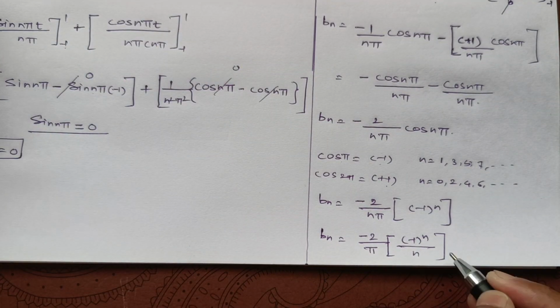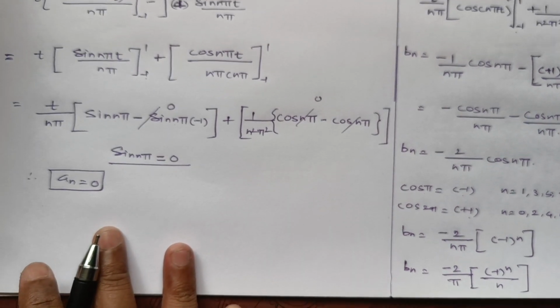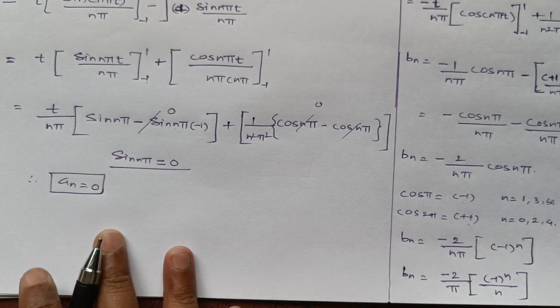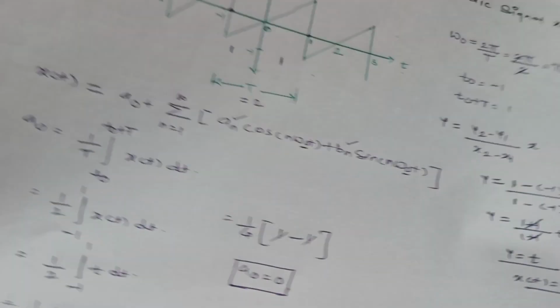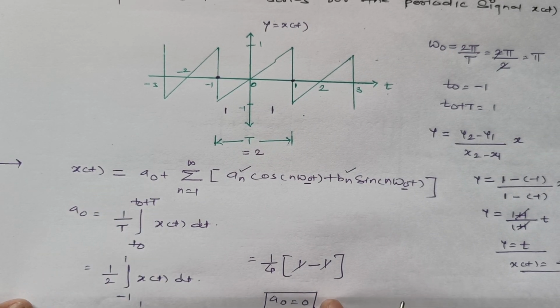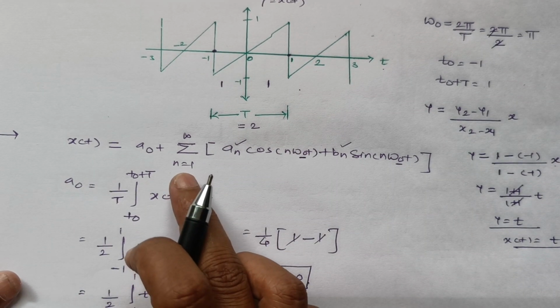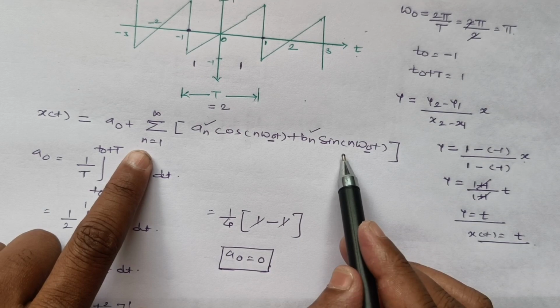Okay, so this will be our equation of coefficient bn. Now we'll go for the last step, that is to get our equation. So we'll recall this concept: x of t is equal to a naught, which is 0, plus summation n equal to 1 to infinity of an, which we also found to be 0, so we're left with only this particular term.